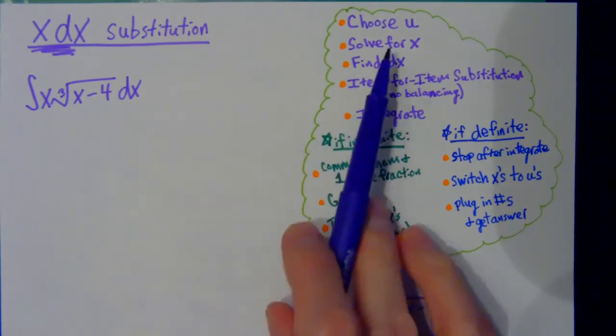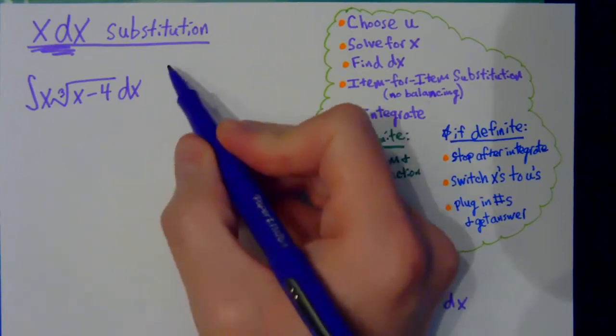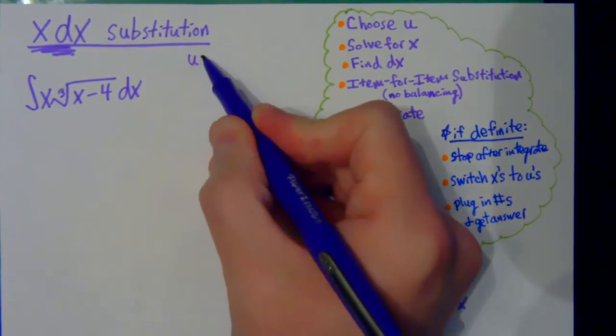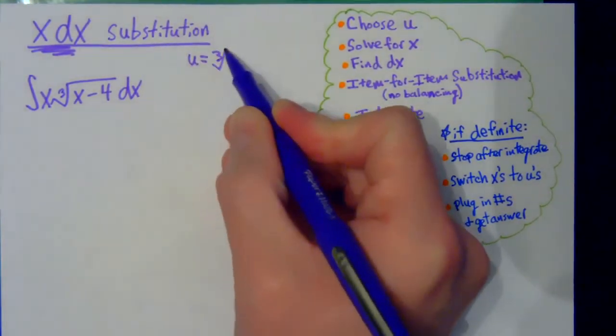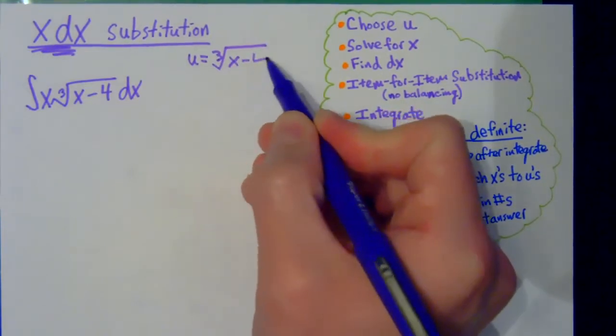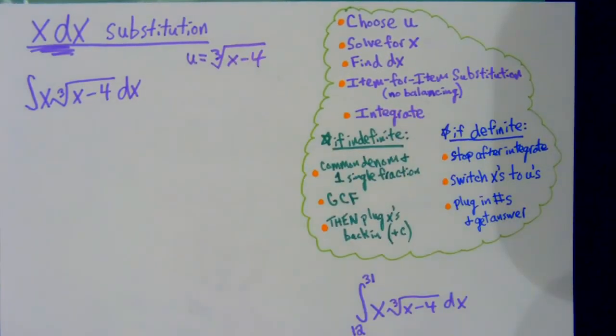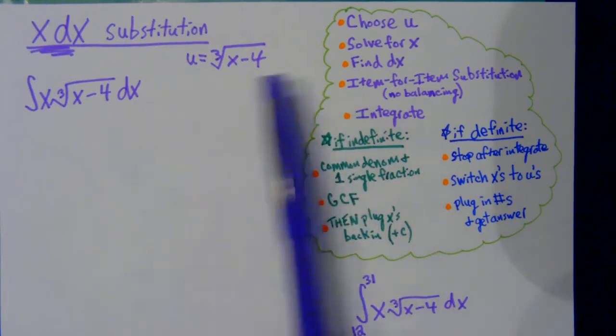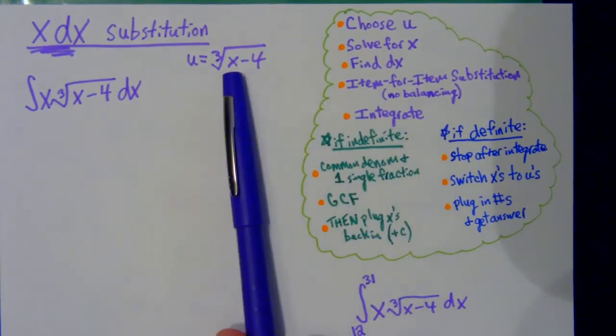So whenever I choose u on an XDX problem, I almost always let the u equal the entire radical part of the problem. From my experience of working these out, you're going to get nicer exponents and a little bit less fractions that we have to deal with. So choose u on an XDX problem, let it equal the whole radical, and give that a shot.